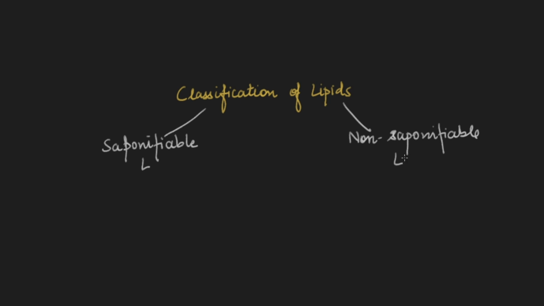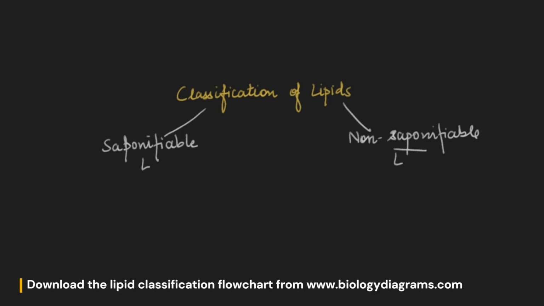Saponifiable lipids are the lipids which contain an ester bond, and that ester bond can undergo the process of saponification. Whereas non-saponifiable lipids are lipids that do not contain any ester bond and therefore do not undergo saponification.